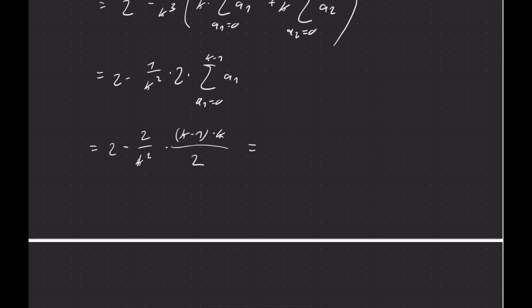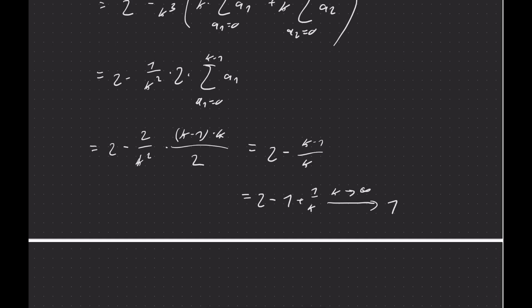The 2 also cancels out. So we're left with 2 times k minus 1 over k, which is exactly the same thing as 2 minus 1 over k. And if we refine the partition, meaning k goes to infinity, then this converges to 1. So the upper Riemann sum converges to 1 for this particular choice of partitions.